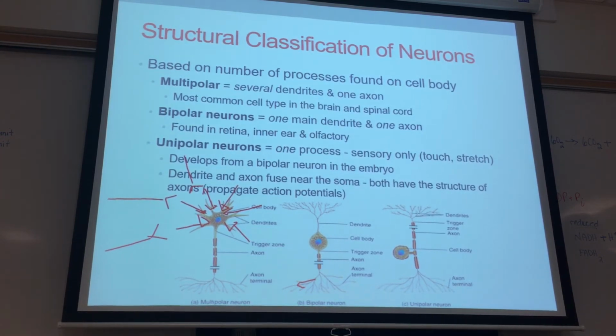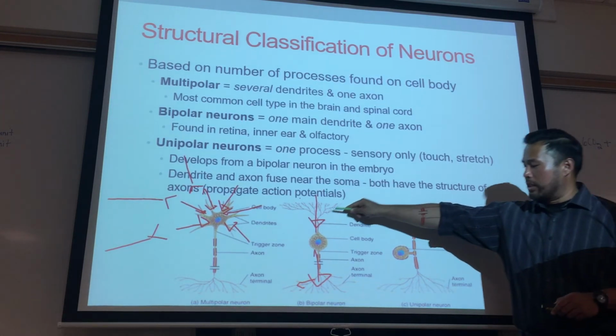Now, looking at the next one, you'll see bipolar neurons. And here, bipolar just demonstrates that the dendrites and axons are on exact opposite sides of each other, meaning dendrites collect information and send it in, and then back out. And that's just going to convey information through the cell body.